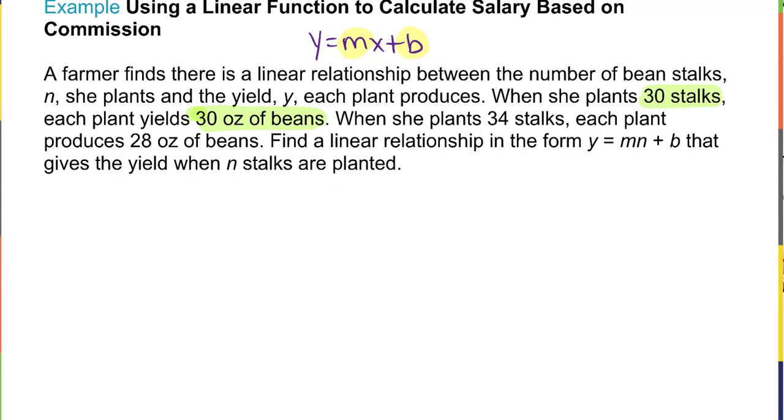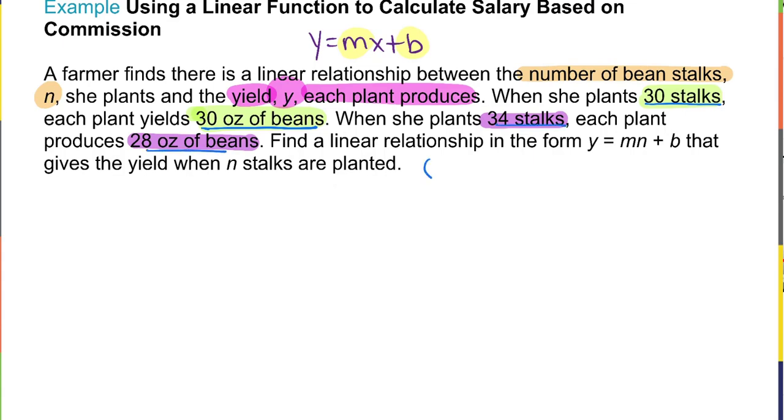And just to remind you, the number of beanstalks, that's N, and the yield each plant produces, that's your Y. Okay, so here is your first X and first Y from the first point, and then the second point is 34 stalks for 28 ounces of beans. So there's your second point.